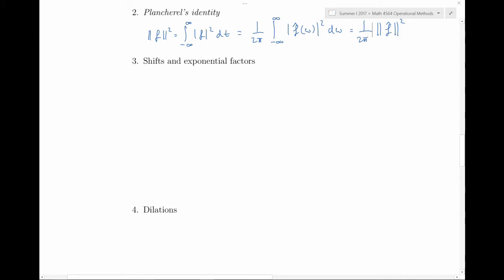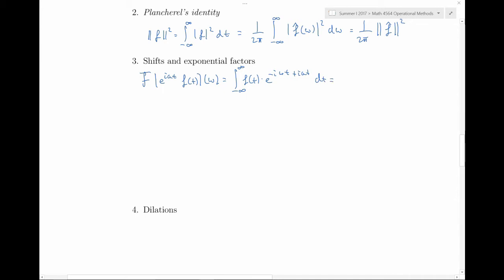So for example, if I want to compute a Fourier transform of a function f multiplied by an exponential factor, e to the i a t, then this is going to be an integral from minus infinity to infinity of f of t multiplied by, and if I combine the exponential factors, I will get e to the minus i omega t plus i a t, dt.